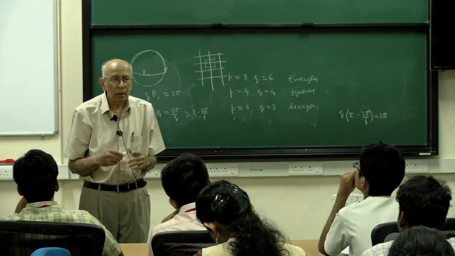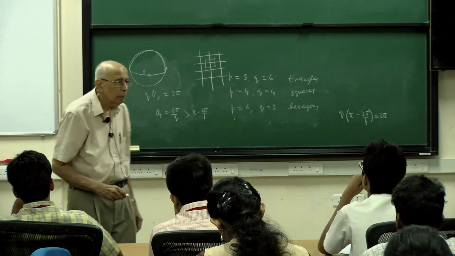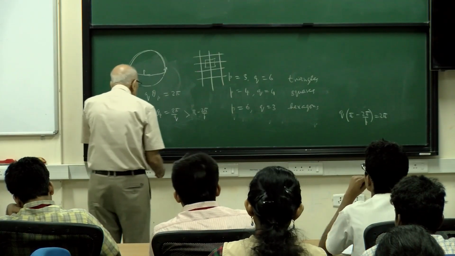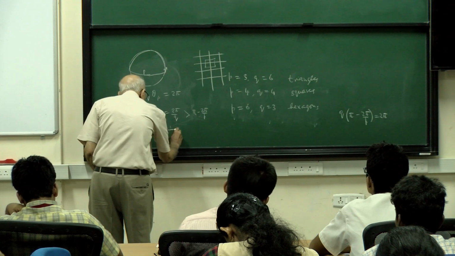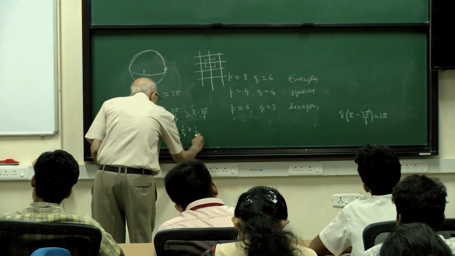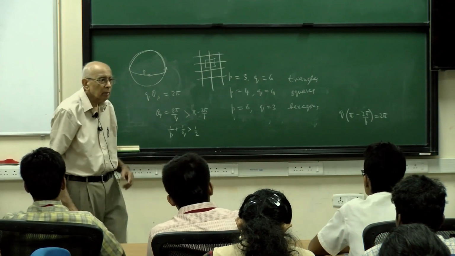Whether it's a triangle or any other polygon, it doesn't matter, it's puffed up. What does this condition tell you? So again, same way, you cancel the pi and it says 1 over p plus 1 over q is greater than a half. That must be strictly true.